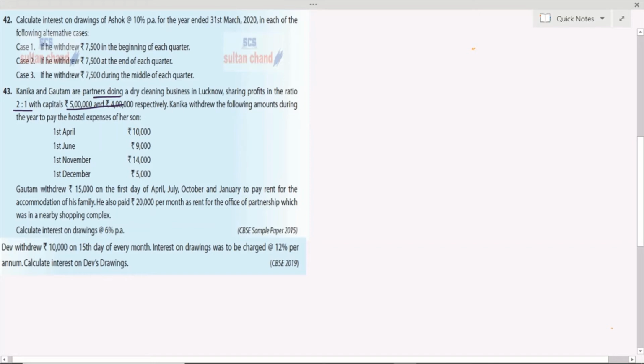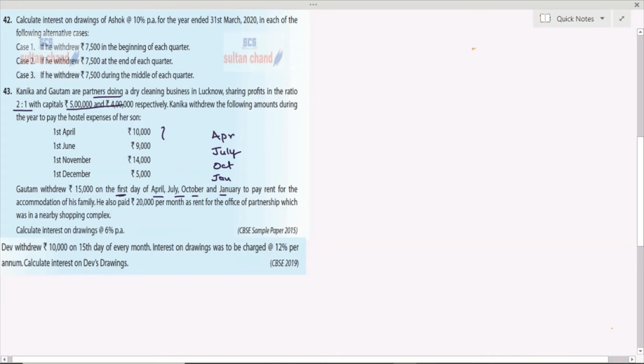Now Gautam withdrew 15,000 on the first day of April, July, October and Jan. If I take it as a quarter, a quarter starts from April, the second quarter starts from July, the third quarter starts from October, and the last quarter starts from Jan. So I can use that quarter formula here by taking out the average period, instead of going for the product method.